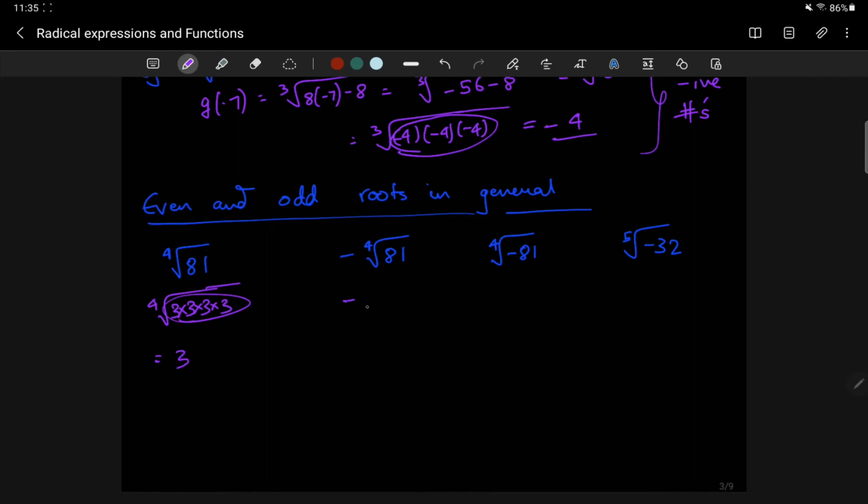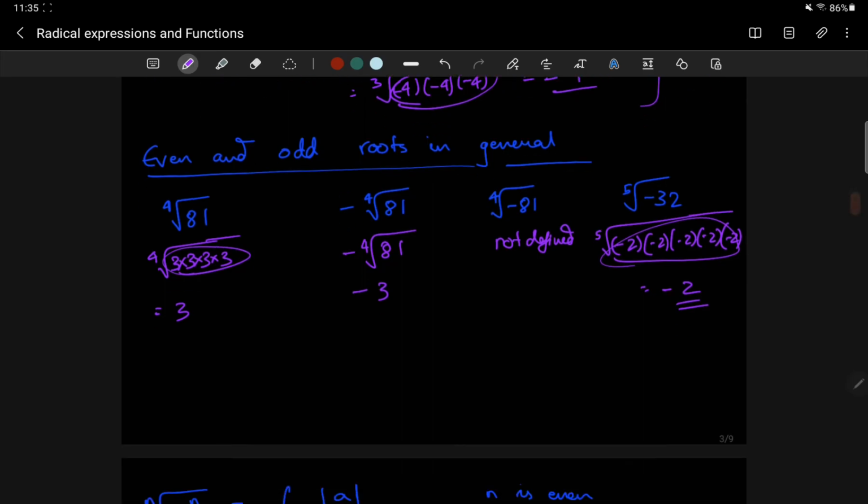If I put a negative outside, then that's just negative 3. This is not defined. But the 5th root of negative 32 is okay because negative 32 is negative 2 times negative 2 times negative 2 times negative 2 times negative 2. So there's 5 copies, so it is negative 2.